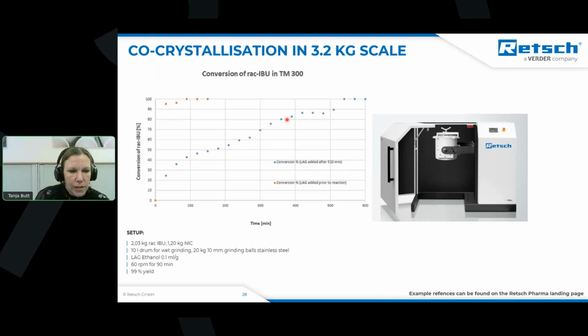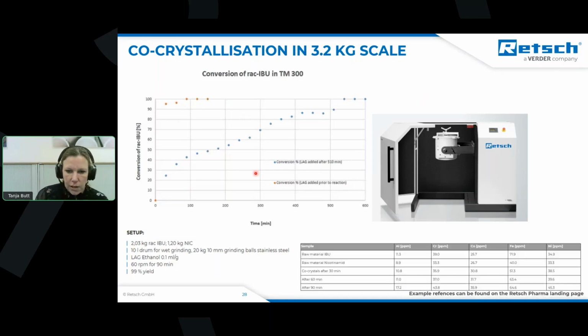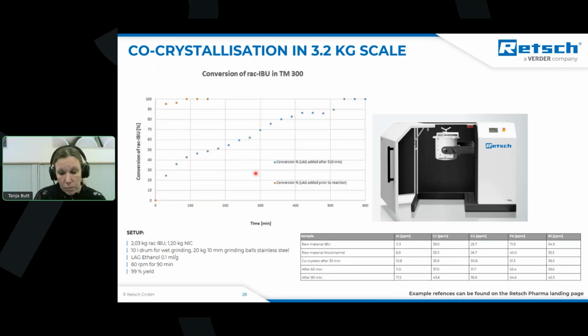When you don't add any liquid, it takes time to come to full conversion. But if you add some droplets, you get full conversion after just 2 hours, something like that, and at 3.2 kg scale in this case. And also the abrasion, we talked about abrasion factors.